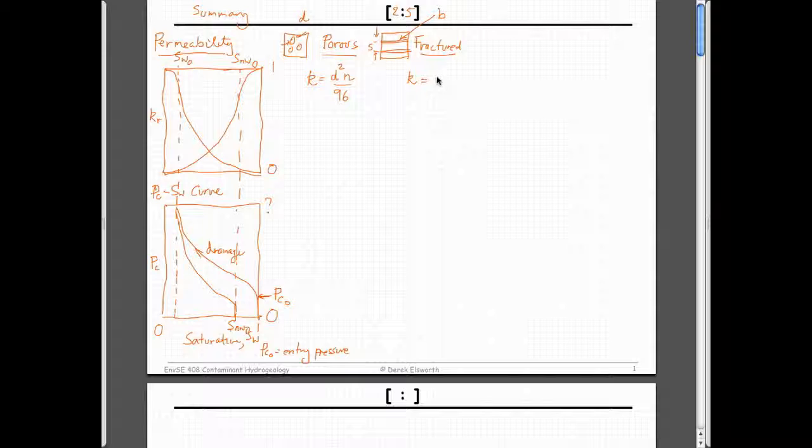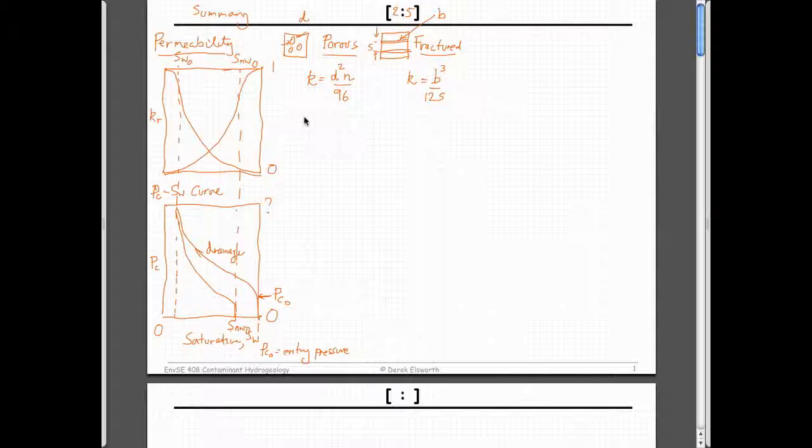In this particular case, it would be the aperture cubed divided by 12 times the spacing between fractures. We haven't derived that, but we could if we wanted to.